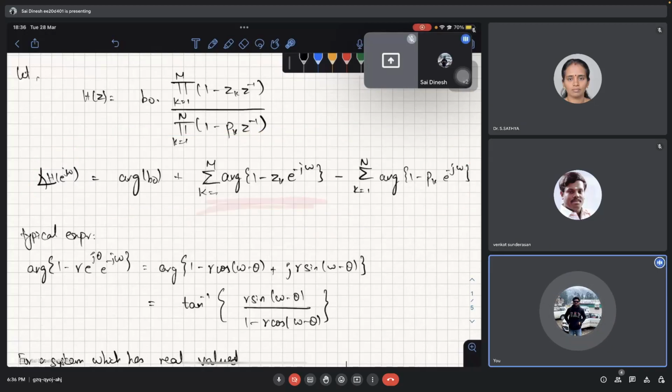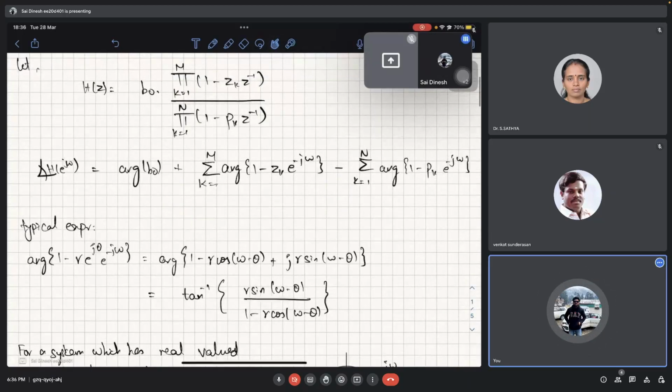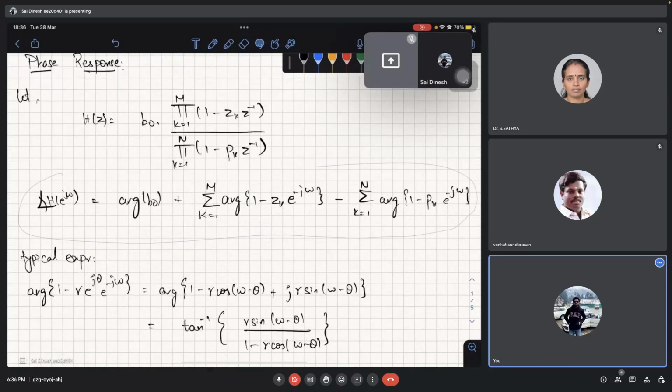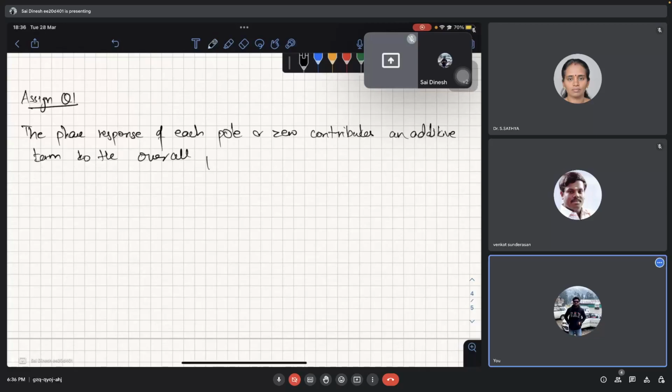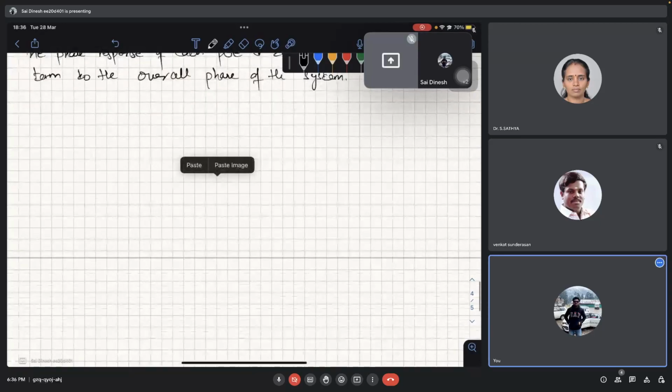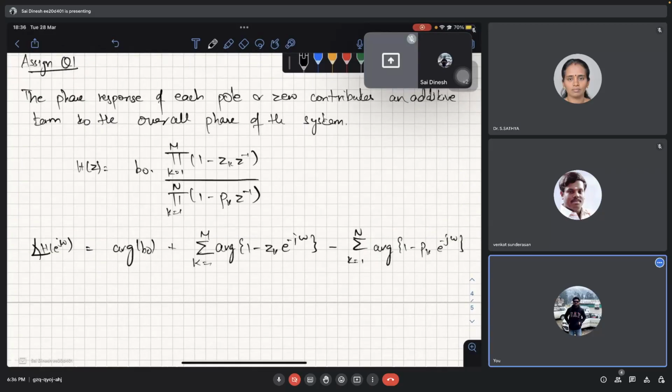And we said that this is a contribution from a set of zeros of the system, and this is the contribution from a set of poles of the system, and these are added additively. So we have seen here it is additive.